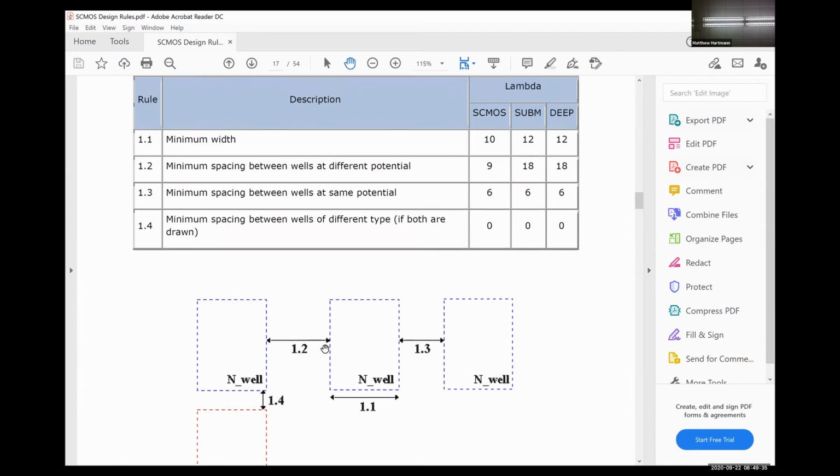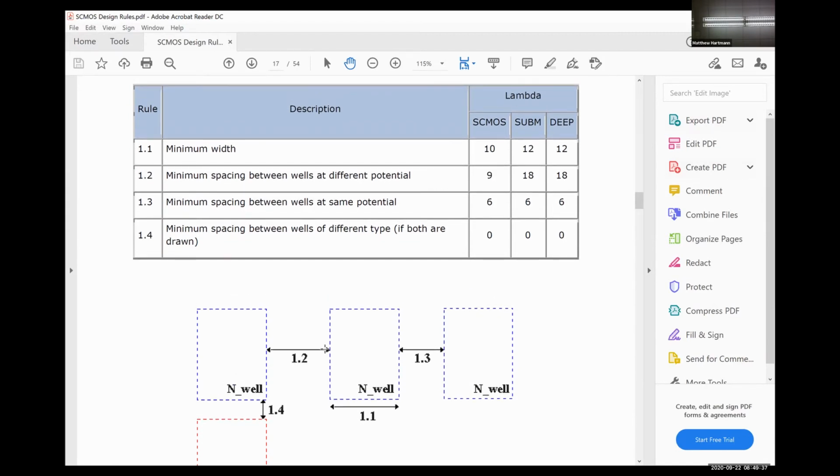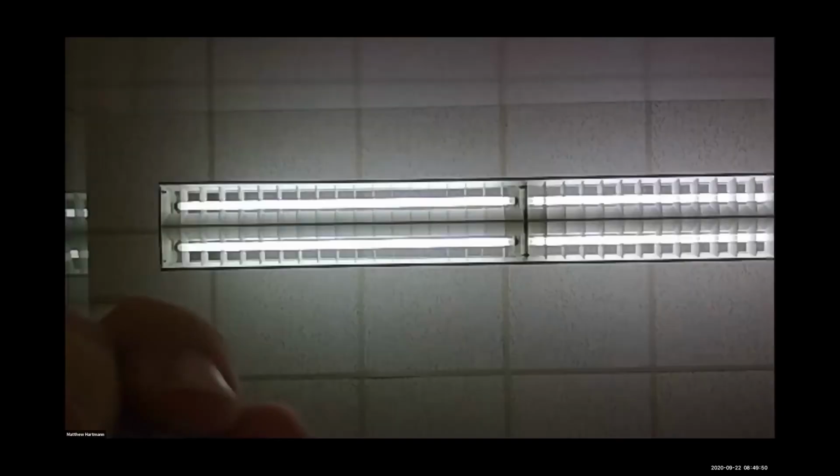And I think we'll talk about that a bit later too. So the figure of merit that we're looking for this particular problem, if we want to find the actual dimensions, is rule 1.1. So let's jump back over now that we know that the minimum dimension is 12 lambda.